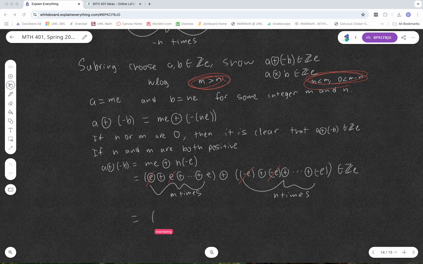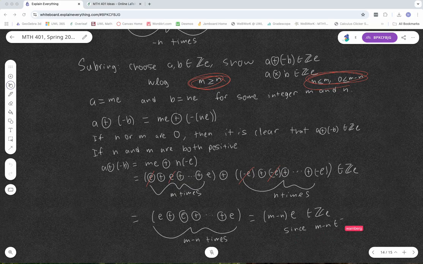So we get E plus E plus dot dot dot plus E, and this is going to be M minus N times, which is going to be M minus N times E, which is in ZE since M minus N is in Z. I feel like there's a lemma I need to write.